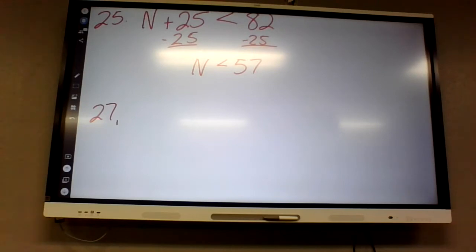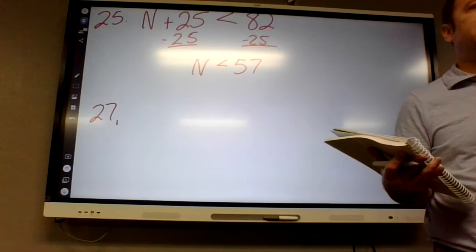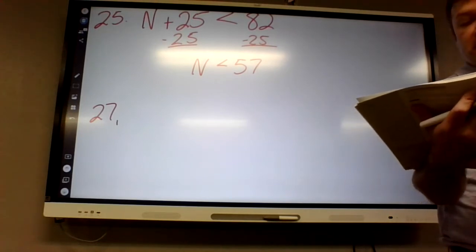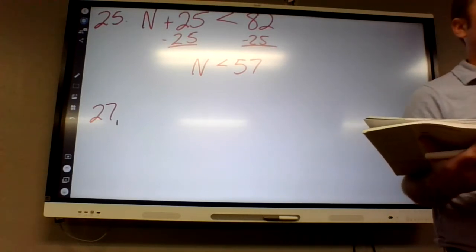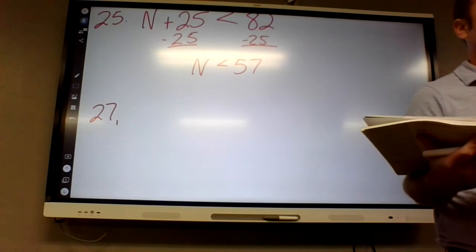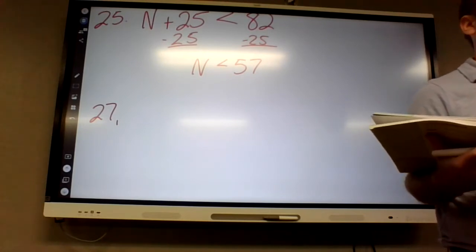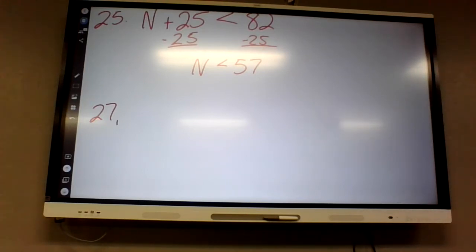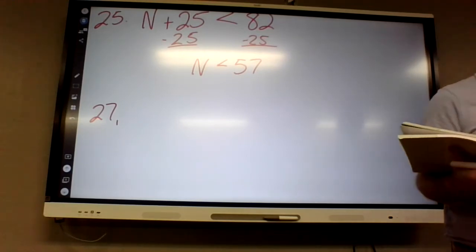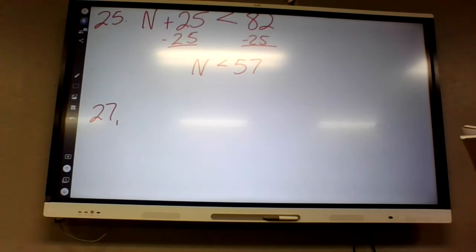T is teenagers. Their average weight is 150 pounds each, and the maximum the elevator can hold is 750. I want every single one of you to try and write an inequality for this, and we'll see if you get it right. 150 pounds per teenager, the maximum weight is 750.